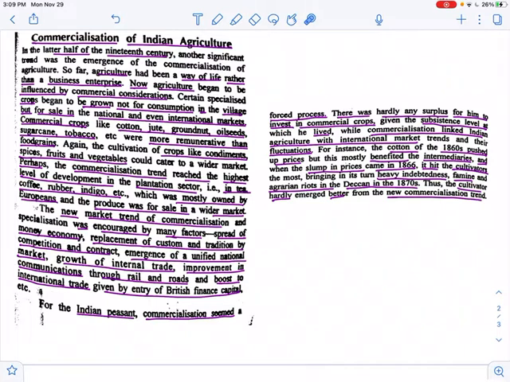Peasants did not have any surplus, so it became absolutely difficult for them to invest in commercial crops. So this was another major hurdle when this process of commercialization started. You can clearly see that the peasants were not at all in the mode of supporting it.